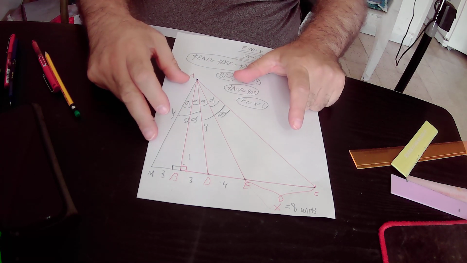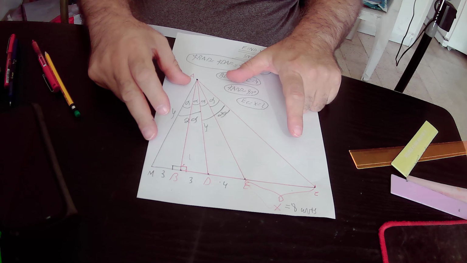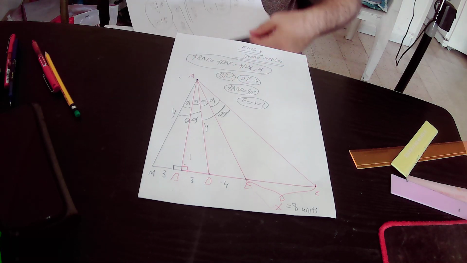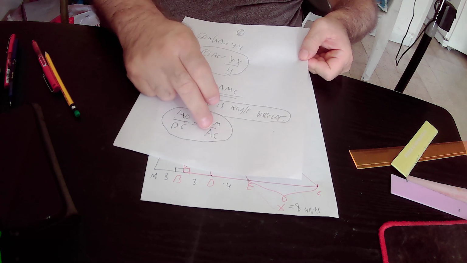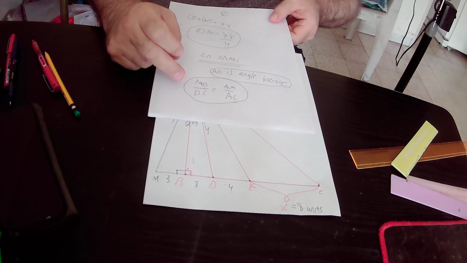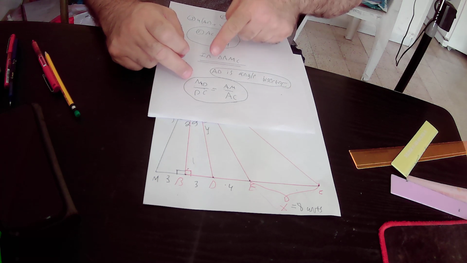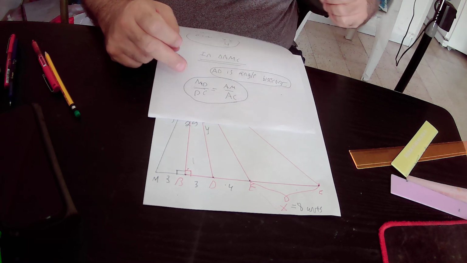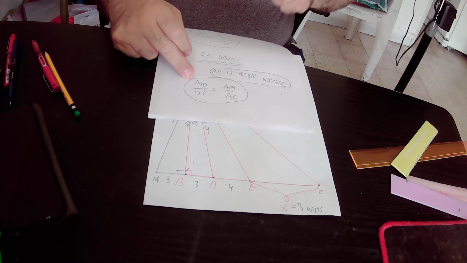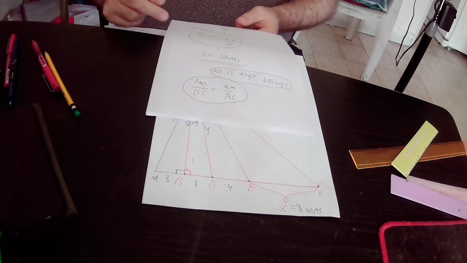The angle legs are AM and AC, and their ratio is AM over AC. So AM over AC equals MD over DC, according to the angle bisector theorem.